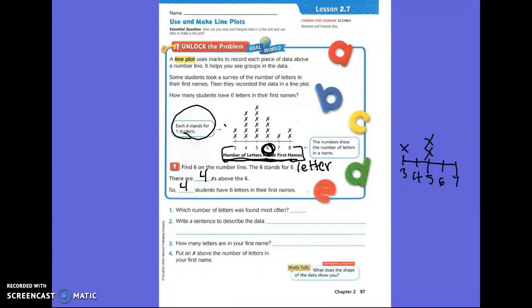So, Cooper, which number of letters did the most people have? 5. Okay, 5. Do you guys agree? Yes. 5 letters is what most people have. Write that down. 5.